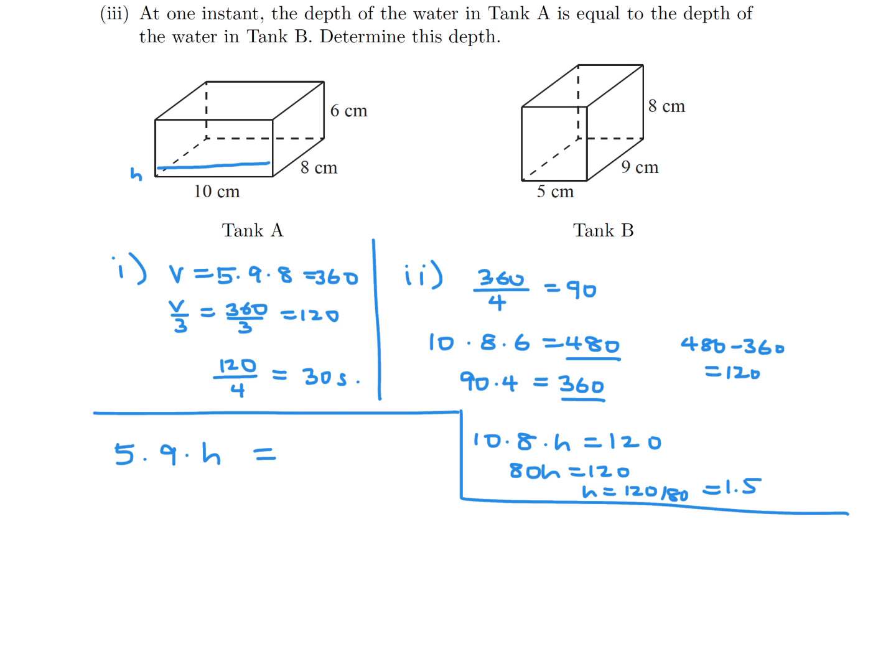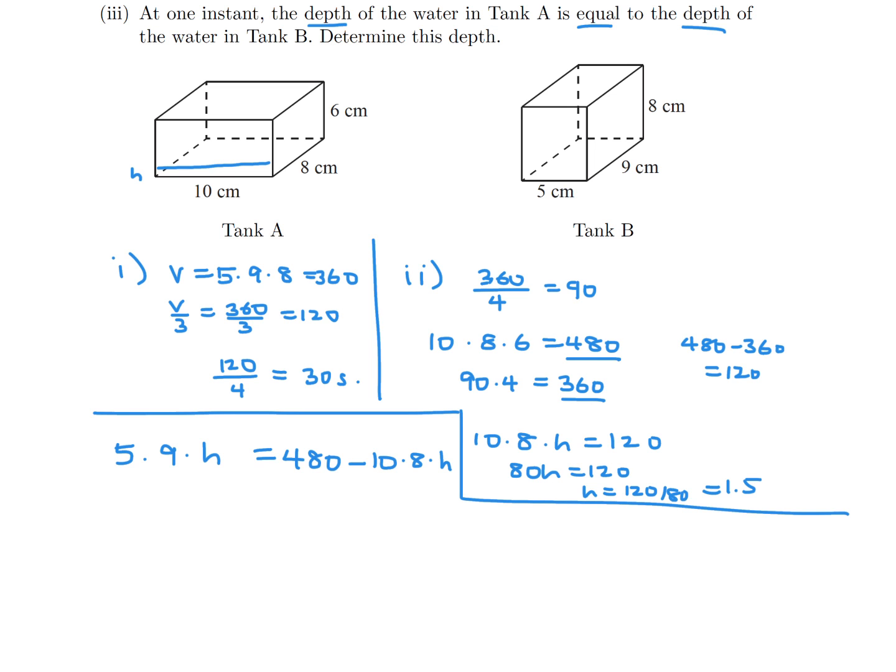And that's going to equal how much is remaining in Tank A, because remember, Tank A is draining. So it's 480 for the total, and then you're going to subtract from it how much it drains, which is 10 times 8 times h. Yeah, because the depths are equal, right? The depths are equal, which is essentially the same as the height.